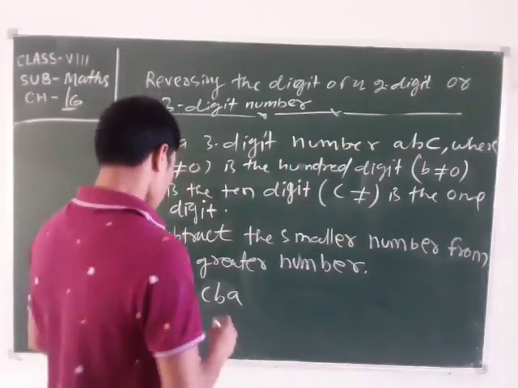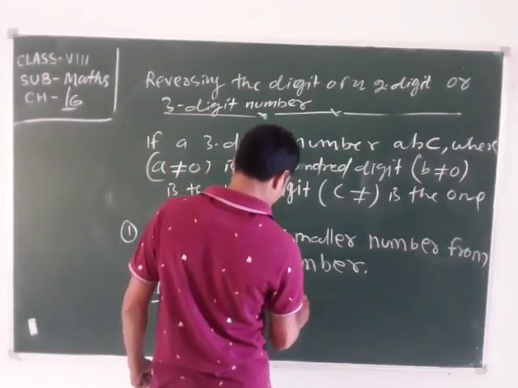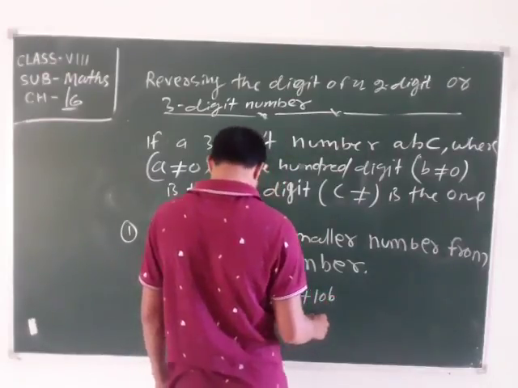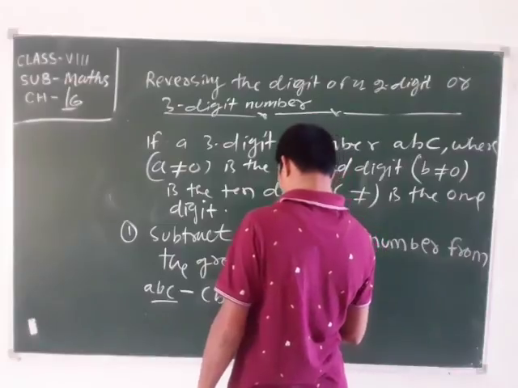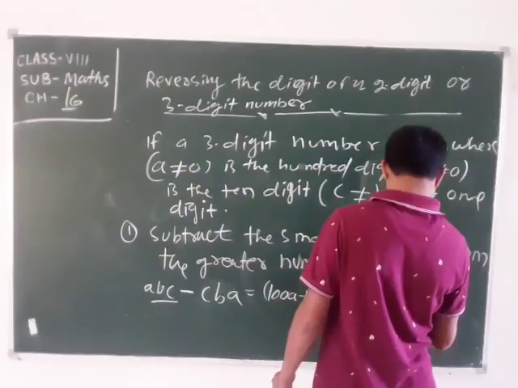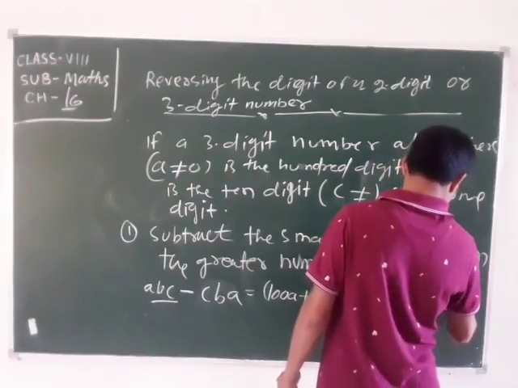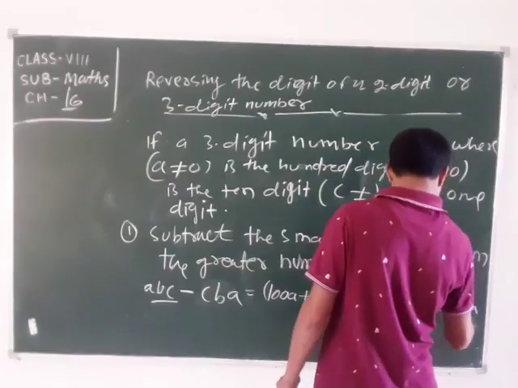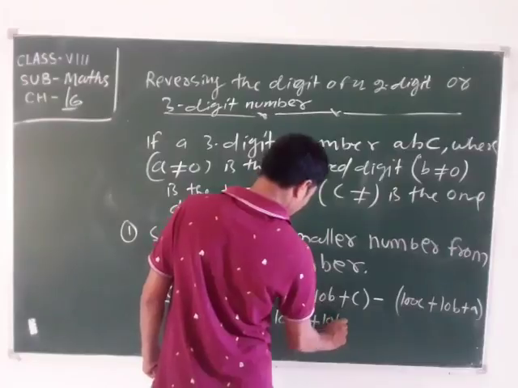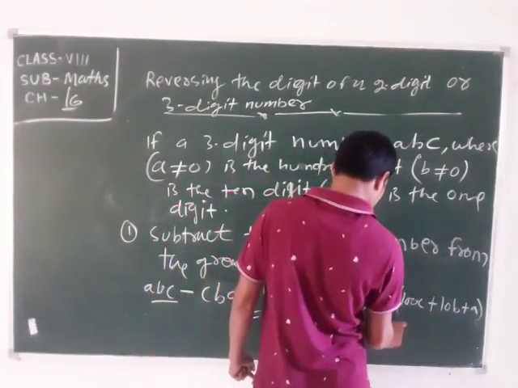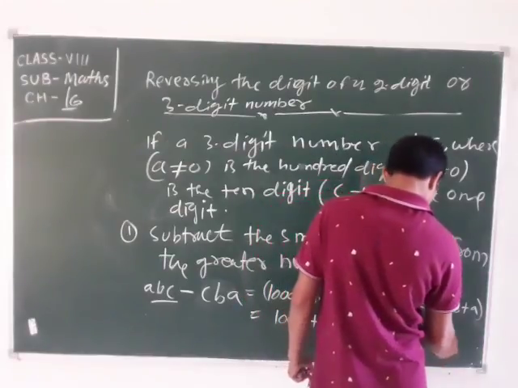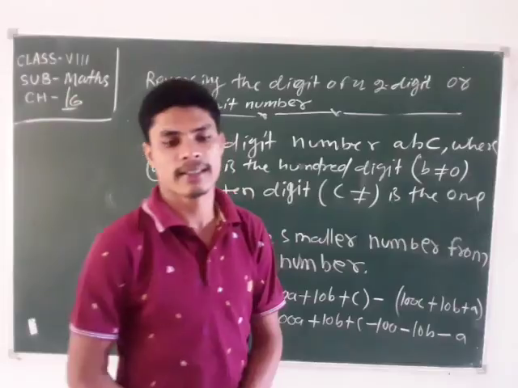Here 100A plus 10B plus C minus 100C minus 10B minus A.